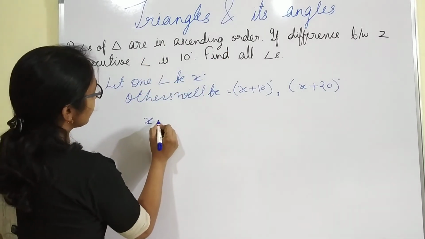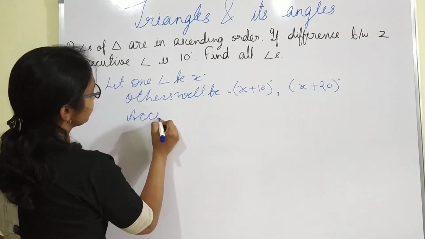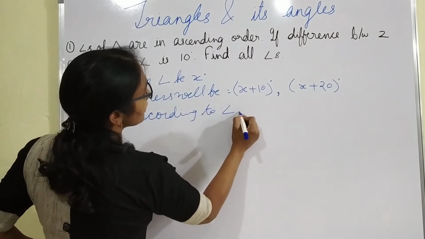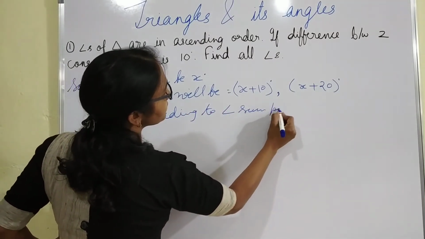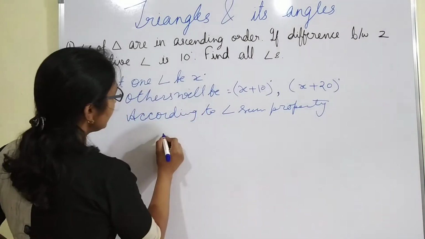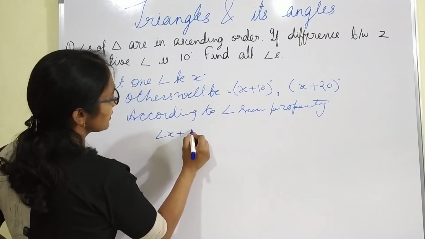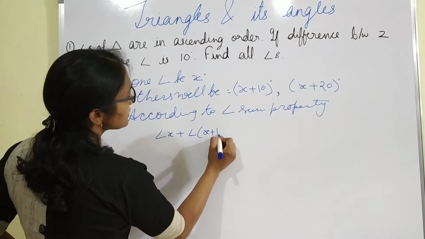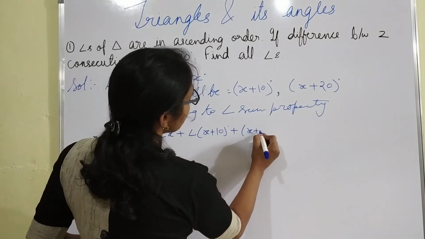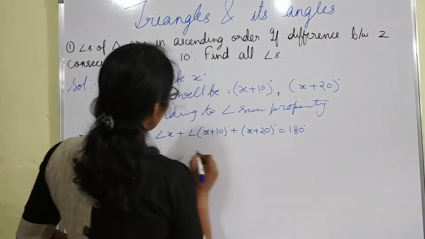So according to angle sum property, angle x plus angle x plus 10 plus x plus 20 equals to 180 degree. Okay.